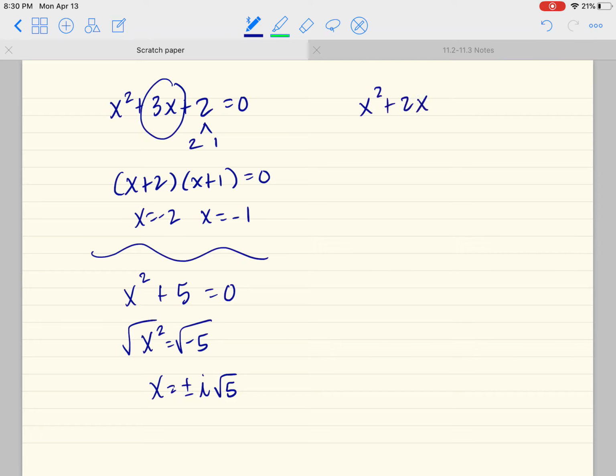And then we said, okay, what if we had something like x squared plus 2x plus 9 equal to 0? Well, this would be a good candidate for that process called completing the square. Can't factor, because there aren't any factors in 9 that make 2. Right, 1 and 9 or 3 and 3, not going to work. And I can't square root because this is here.